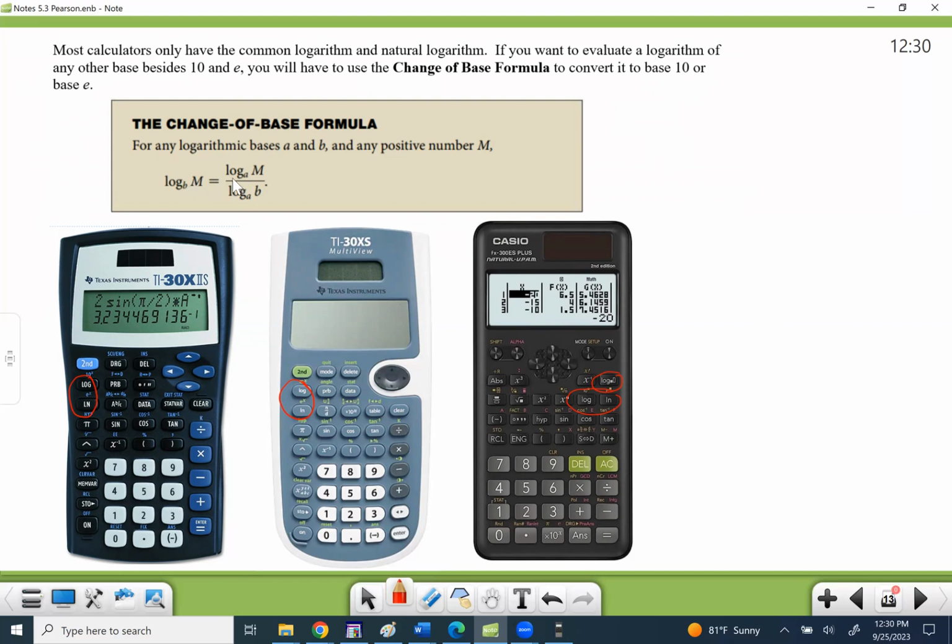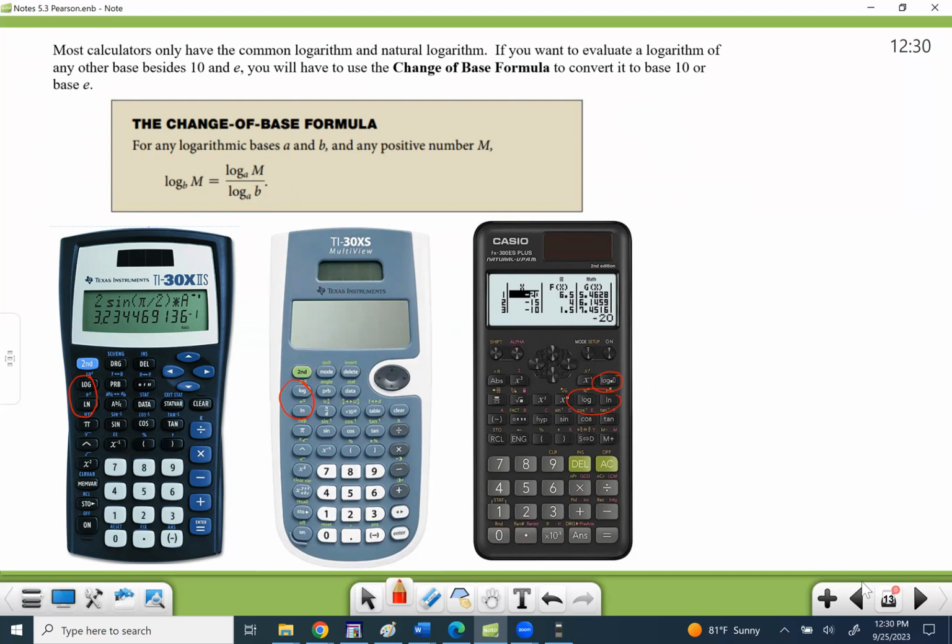Well, then you can always change it to whatever base you want, in this case base a, using this formula. The 2 numbers that are given to you, you're just going to use those as the arguments inside the log. So the b, the base, goes in the bottom, and n goes in the top.